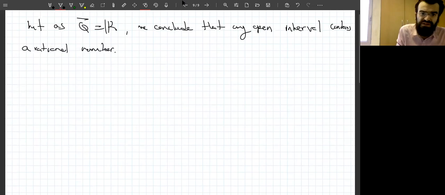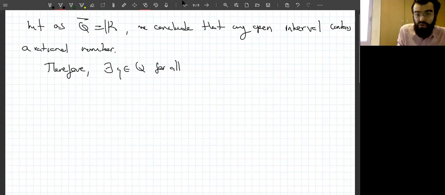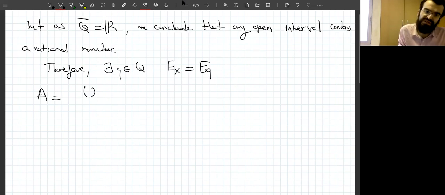Therefore, there exists q in Q such that for all x, E_x equals E_q. So we can write A as a disjoint union over some q in Q of E_q.